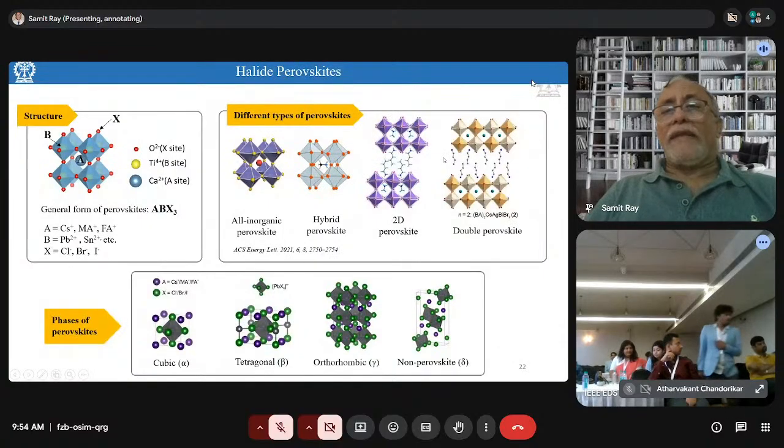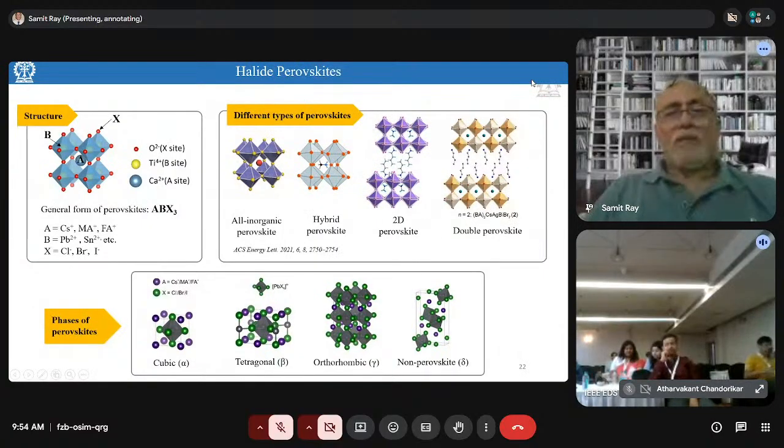They can exist in different kinds of crystal structures: cubic, tetragonal, orthorhombic, as well as the delta phase. And this is a big problem. During processing, there is always a transition from cubic to orthorhombic to the delta non-perovskite phase. So this is a big problem.